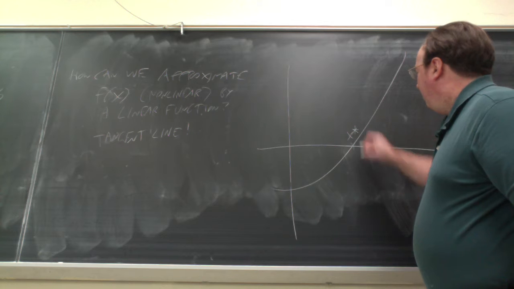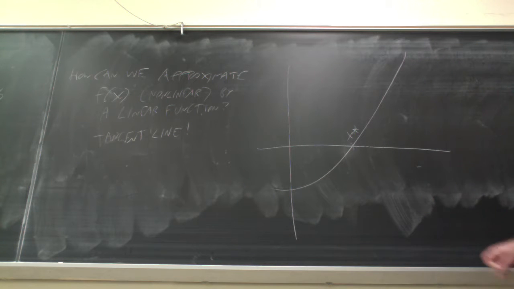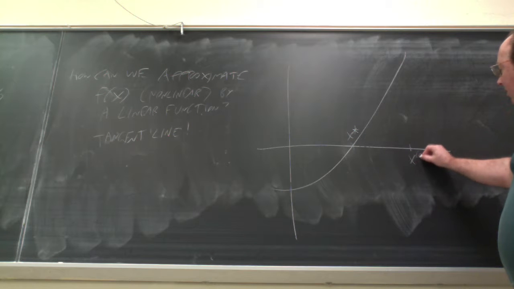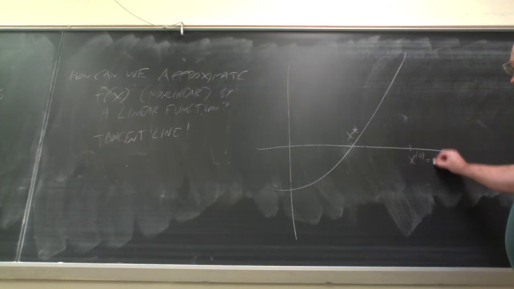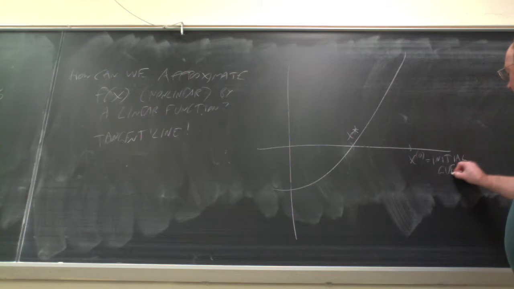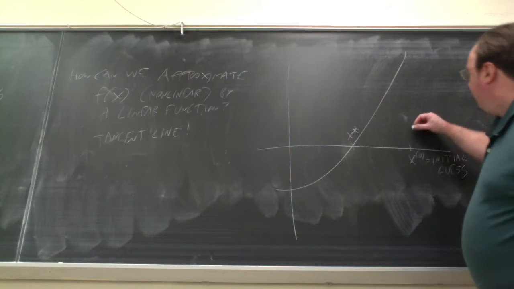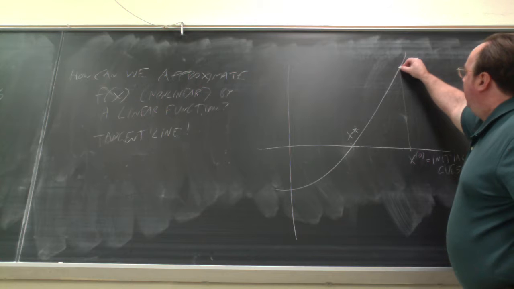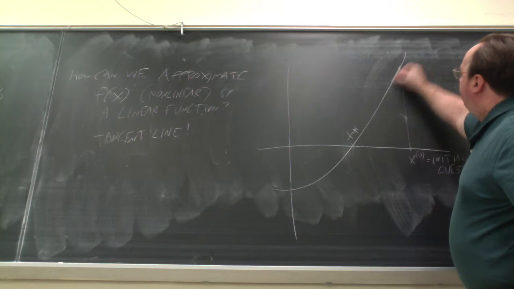That's what we're looking for. So I'm going to pick a point out here somewhere, x naught. So this is just like a fixed point iteration. This is our initial guess. So what I can do is come up with the tangent line to the graph of f.